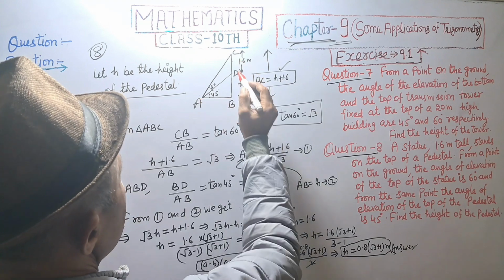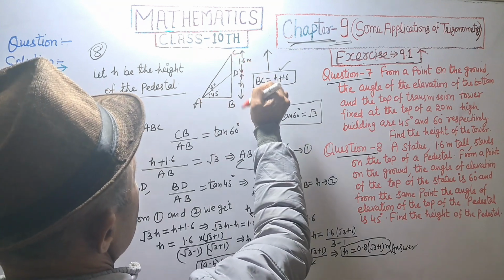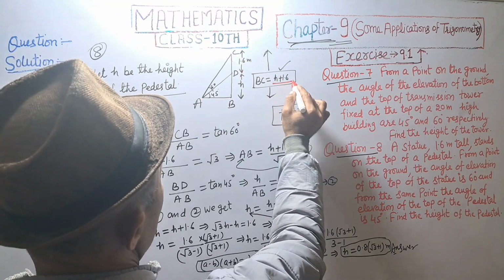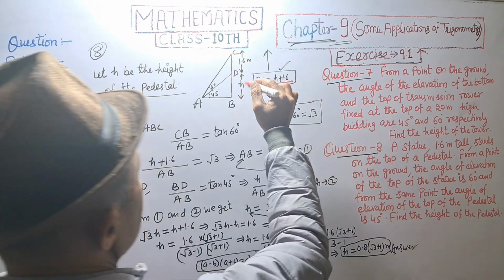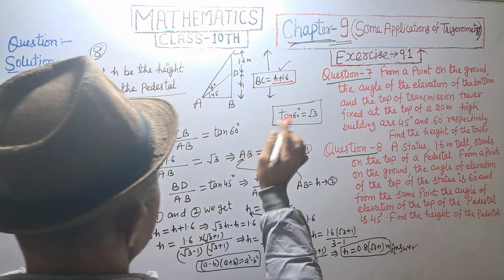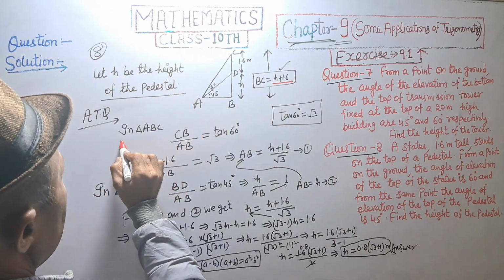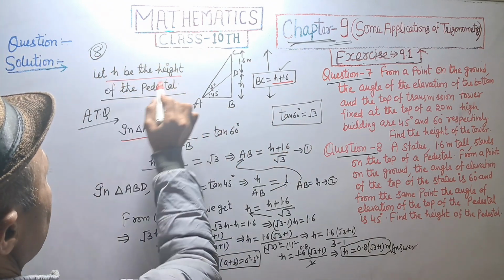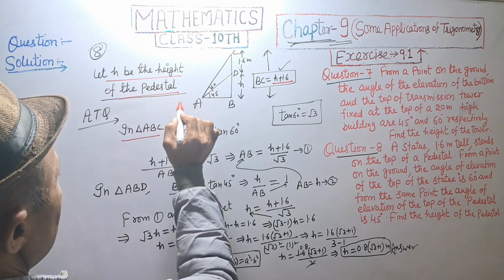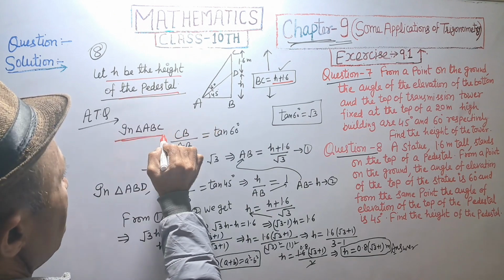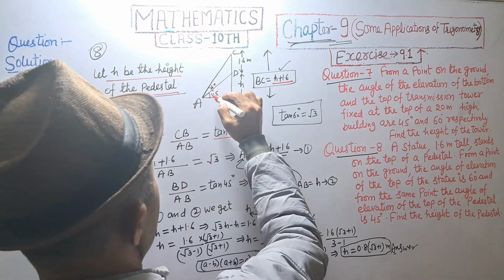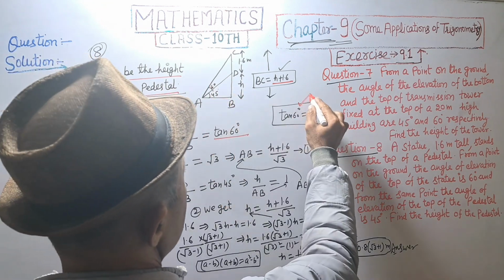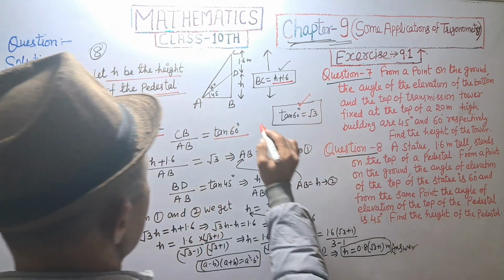In triangle ABC, BC is equal to h plus 1.6, total height, that is h plus 1.6 meter, and let h be the height of the pedestal. In triangle ABC, CB upon AB is tangent 60 degree, and tangent 60 degree is equal to root 3.